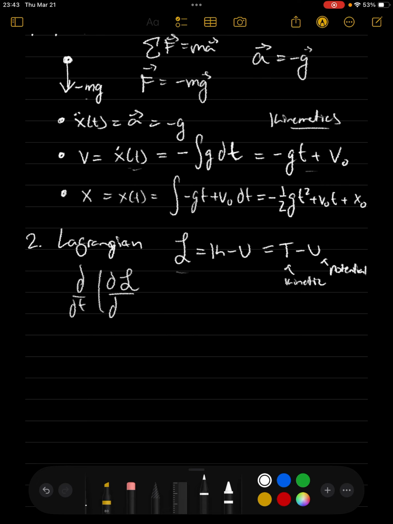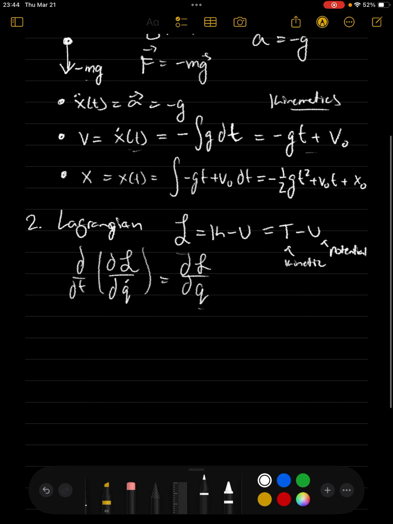Right here, d over dq equals the Lagrangian over dq. And here we can use multiple coordinates. We don't need to deal with all the vectors.